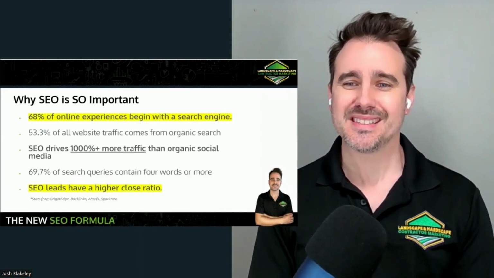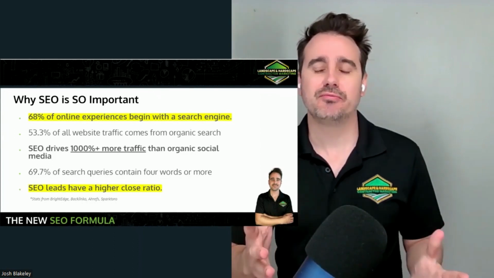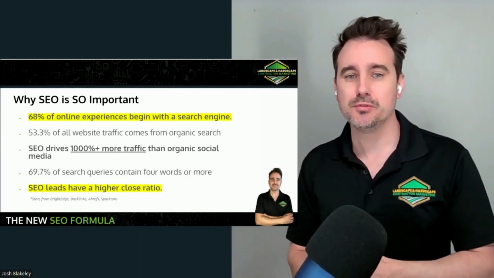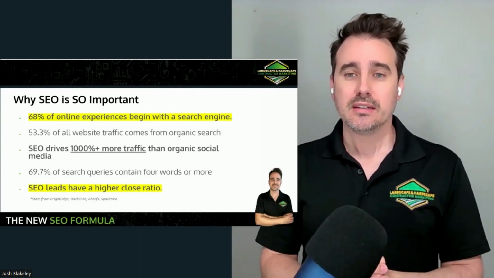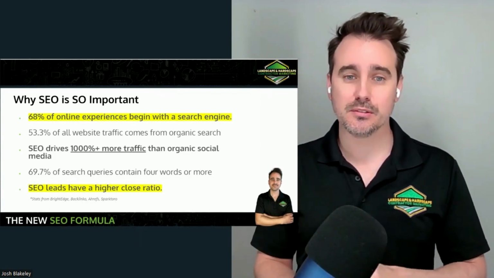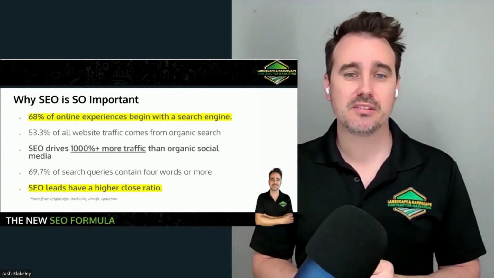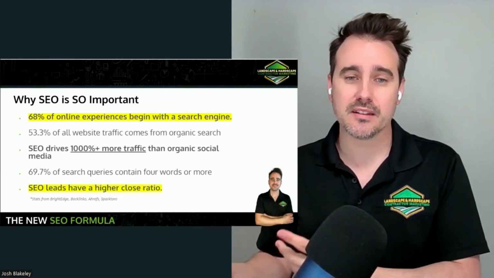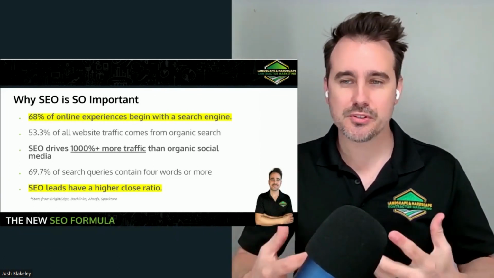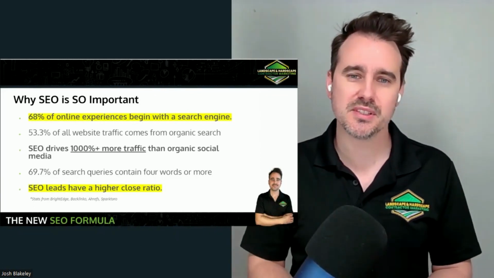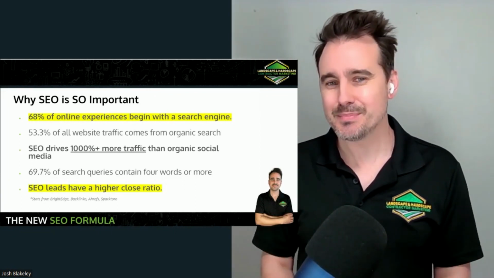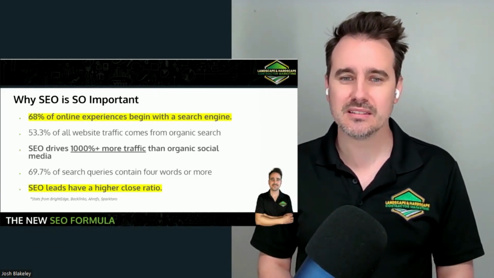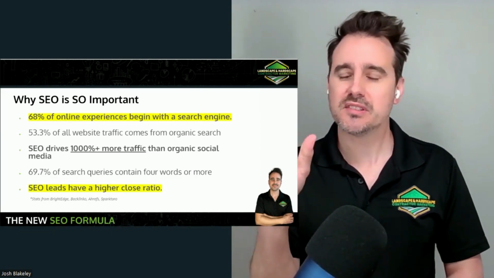Okay. And then some statistics behind it. 68% of people are using their online search to find a service that they're looking for. Over 50% of website traffic comes from organic search anyway. People are more in tune to believe something when they search for it themselves. It drives 1,000% more than organic social media. And people use these things called keywords.